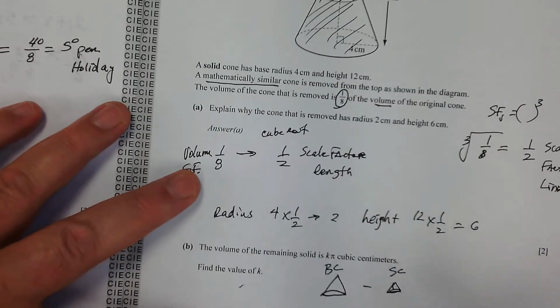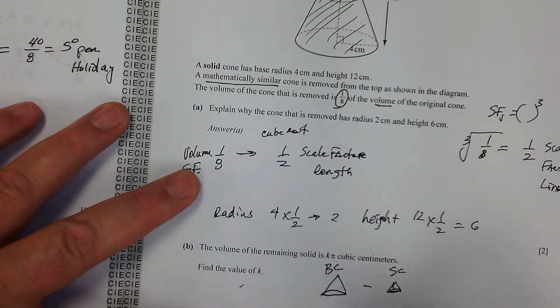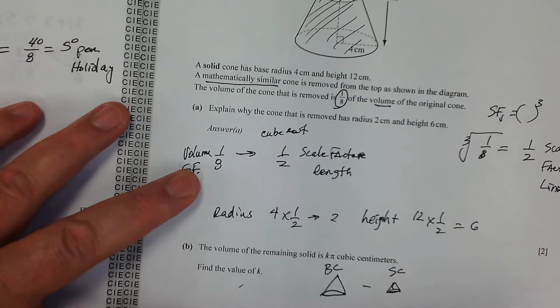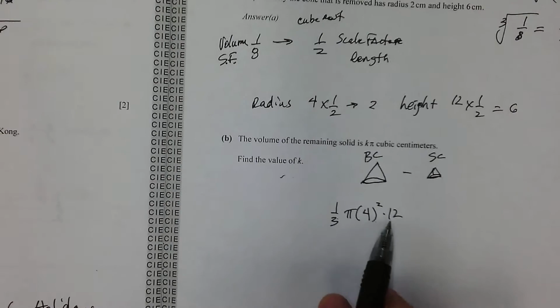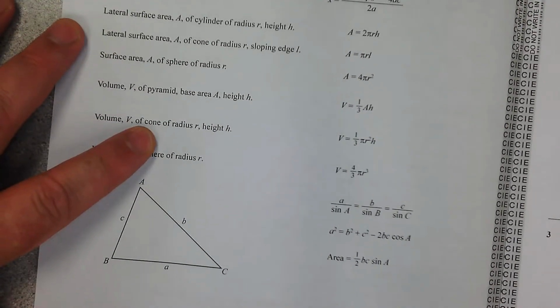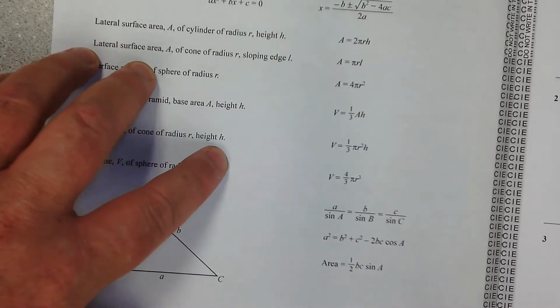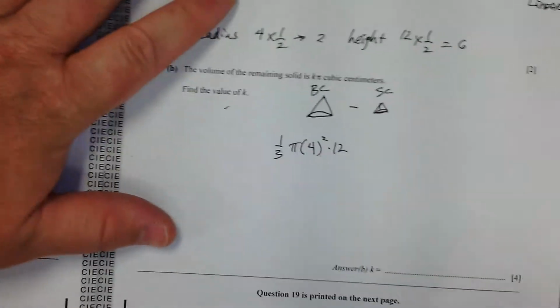The volume of the big cone is 1/3 pi r squared times height. Area of the base times the height times 1/3. And in case you forgot that formula, the formula of a cone with radius r and height h is 1/3 pi r squared h.